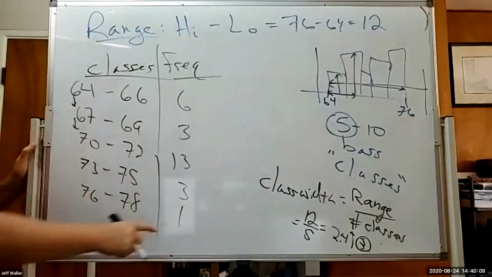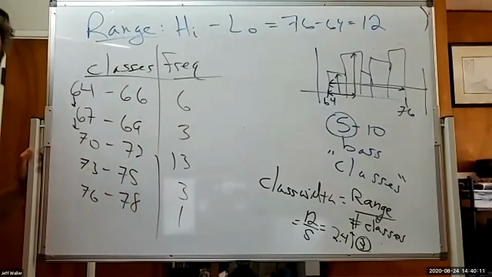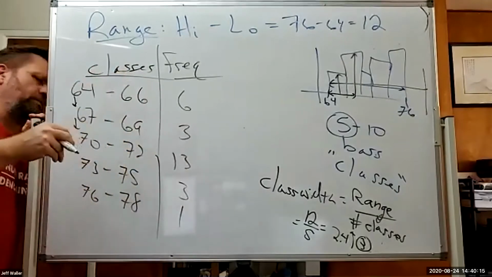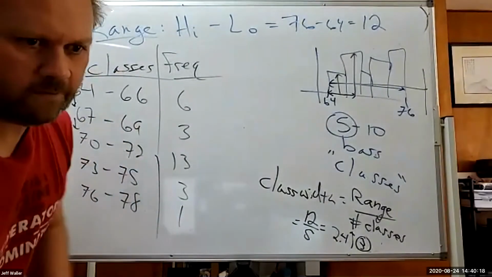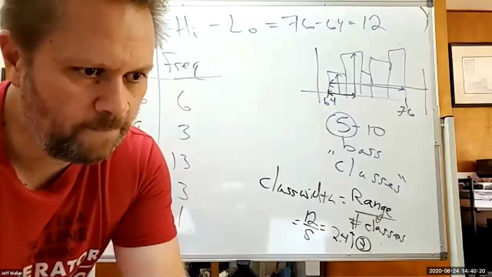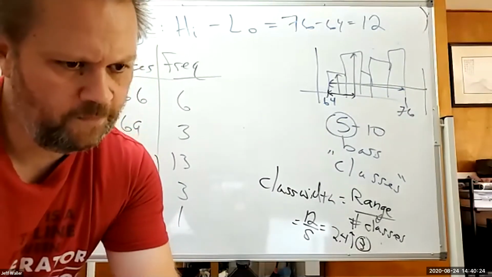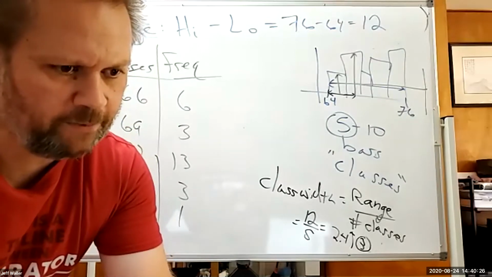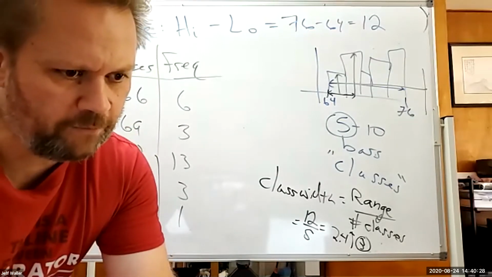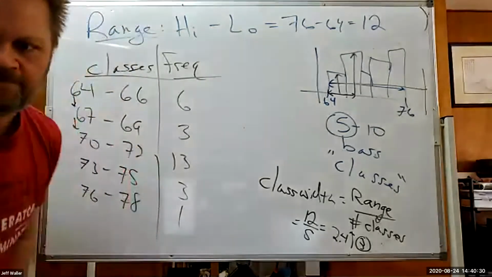And then there's 1 in there, right? And just to double check, how many total numbers were there? 26. And then how can I double check to make sure things look right on what we've just done? Add up the frequencies.